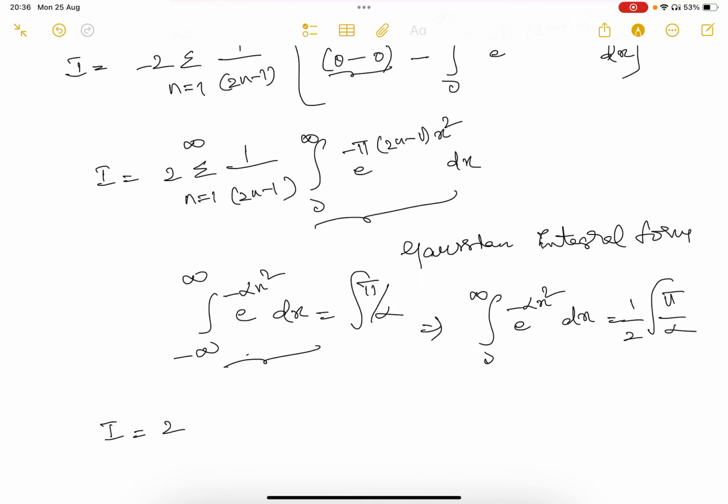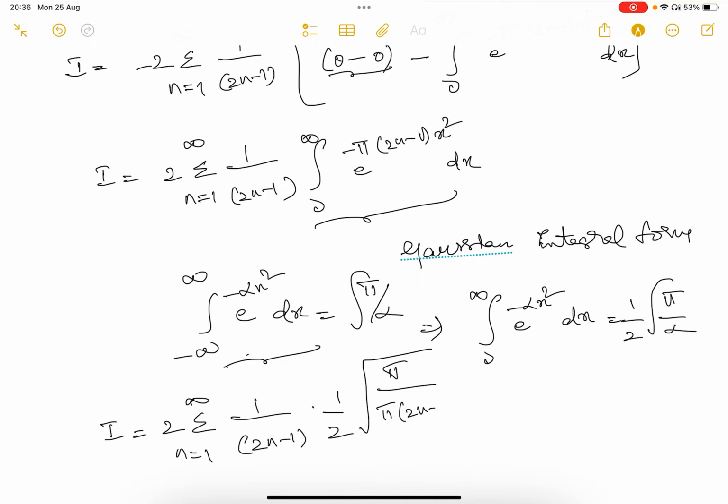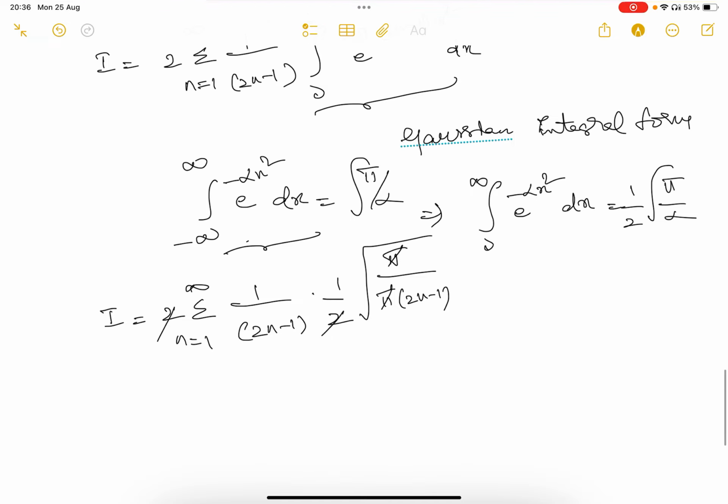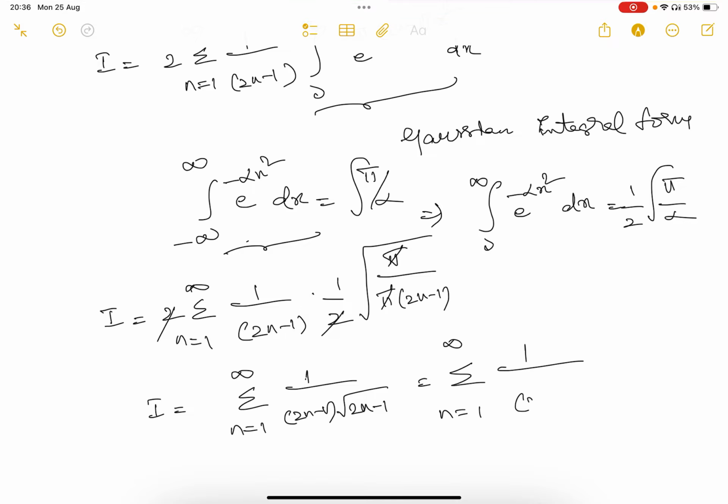Then this will be 2 summation n equal to 1 to infinity 1 by 2n minus 1 into 1 by 2 into root of pi by alpha, where alpha is pi into 2n minus 1. Pi will get cancelled, 2 will get cancelled. Then I will be summation n equal to 1 to infinity 1 by 2n minus 1 into root 2n minus 1, which will be summation n equal to 1 to infinity 1 by 2n minus 1 whole power 3 by 2.